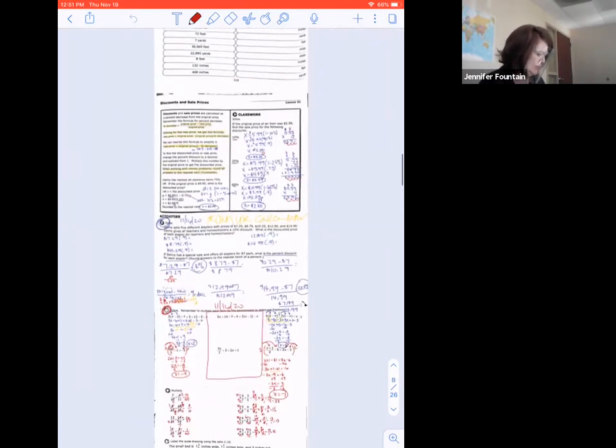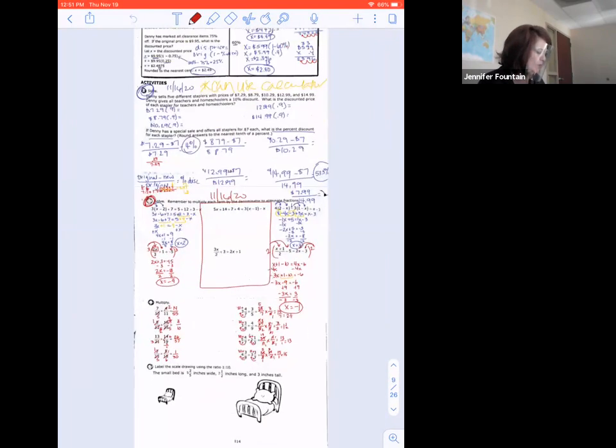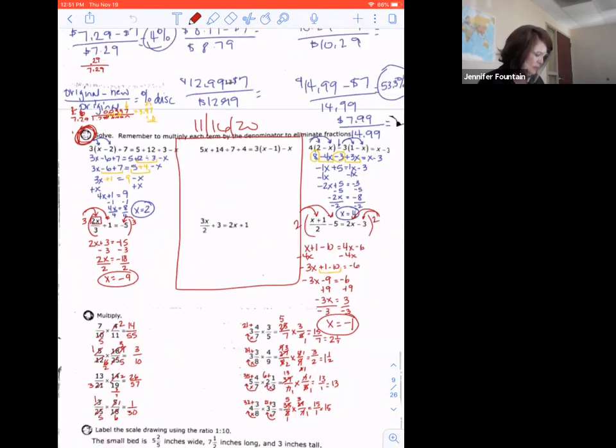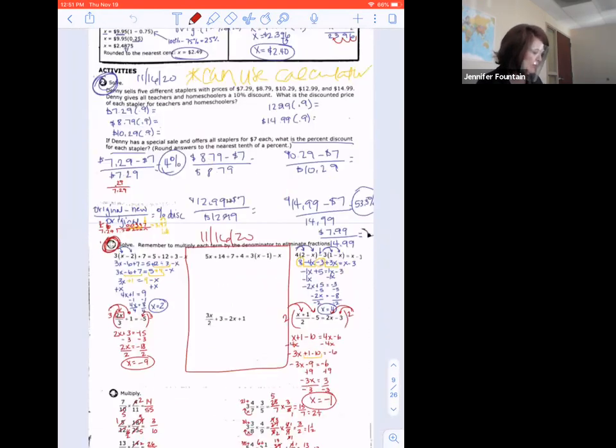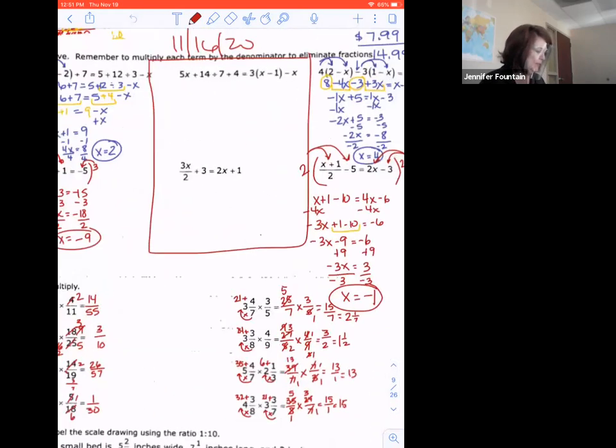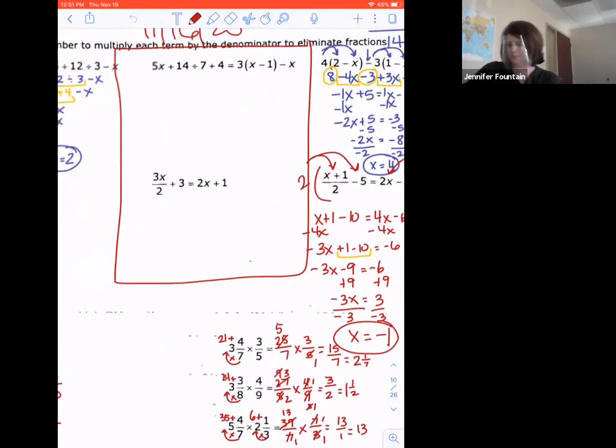Let's see, I think we started with these middle two. This is on page 114, activities from lesson 51.